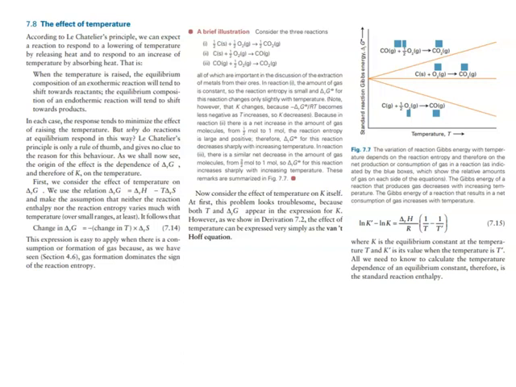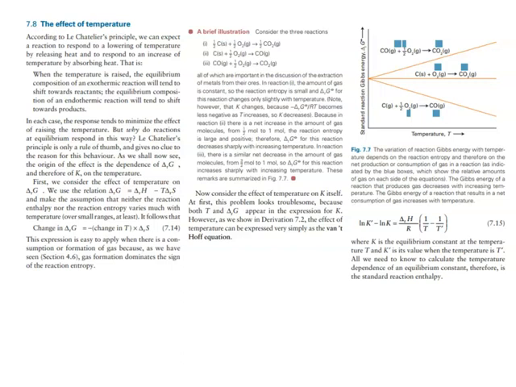In each case, the response tends to minimize the effect of raising the temperature. But why do reactions at equilibrium respond in this way? Le Chatelier's principle is only a rule of thumb and gives no clue as to the reason for this behavior. As we'll see now, the origin of this effect is the dependence of delta G_R, and therefore K, on temperature.